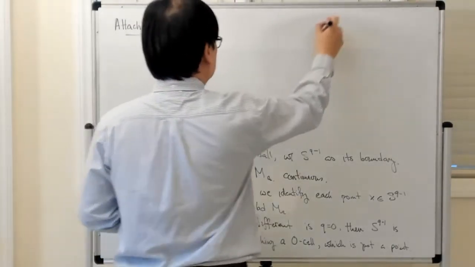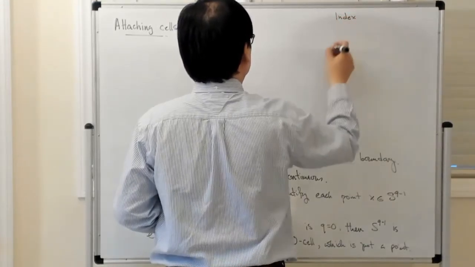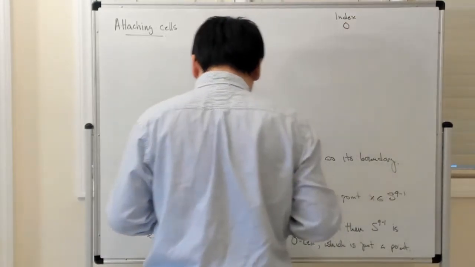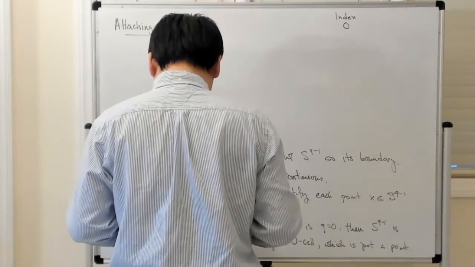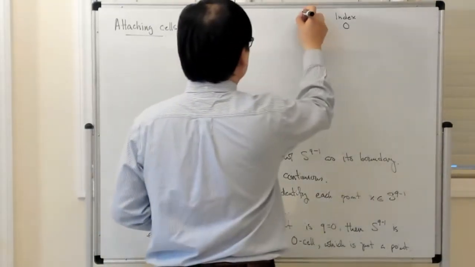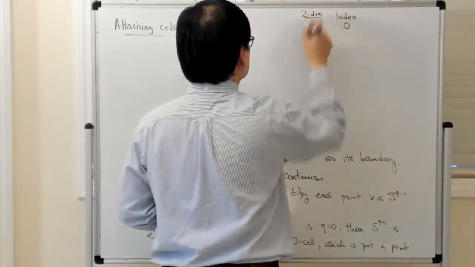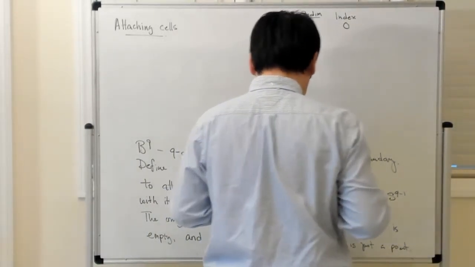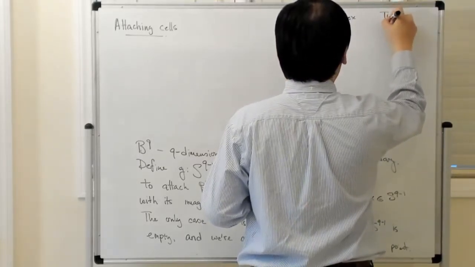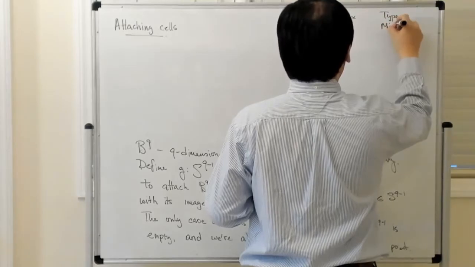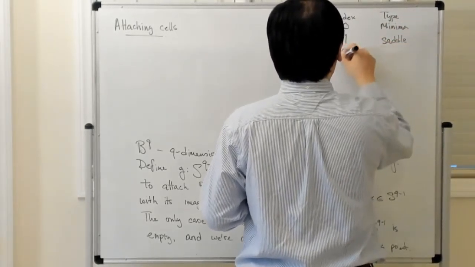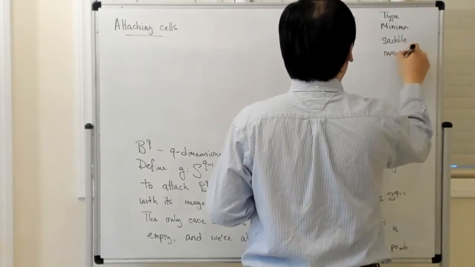Index 0 in 2D is a minimum, index 1 is a saddle, and index 2 is a maximum.